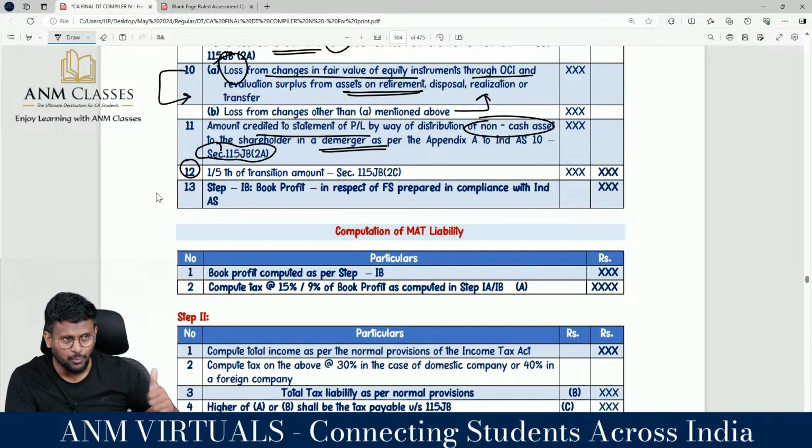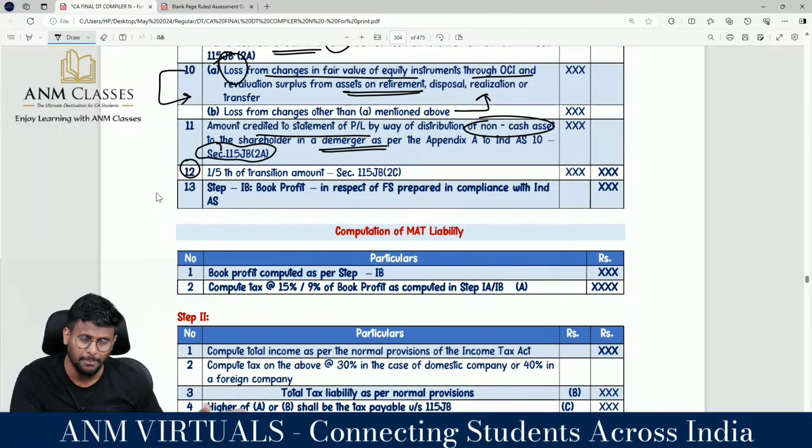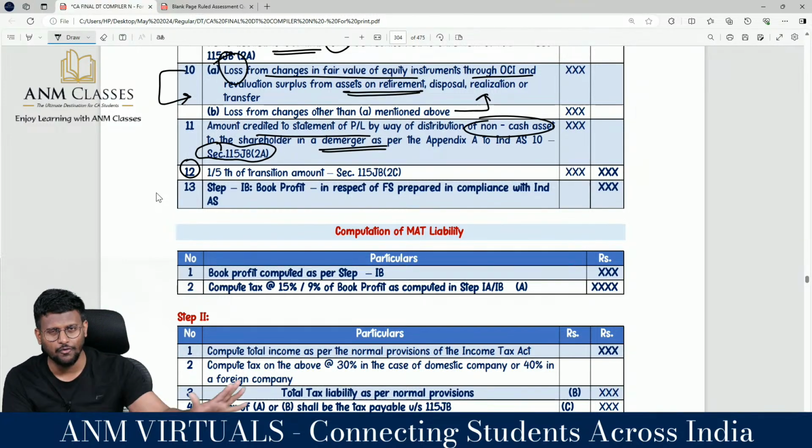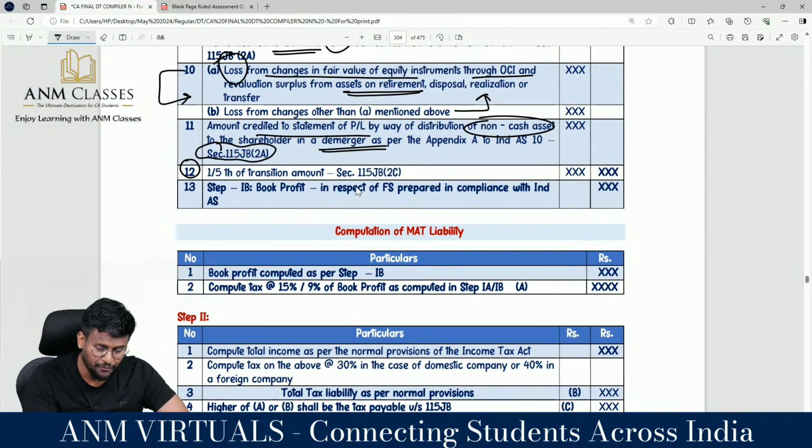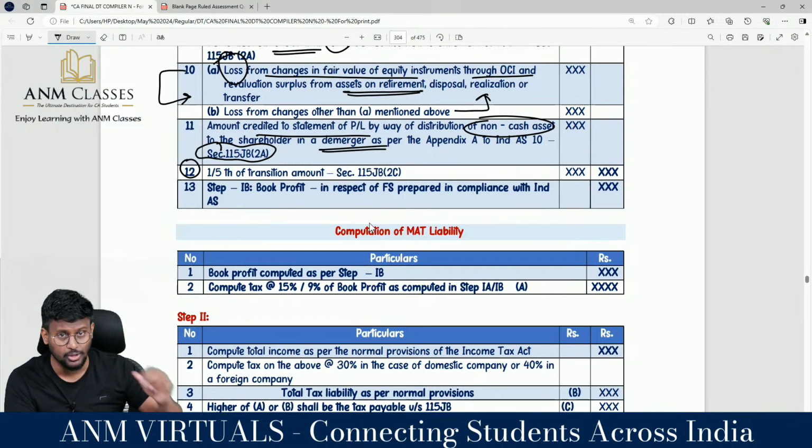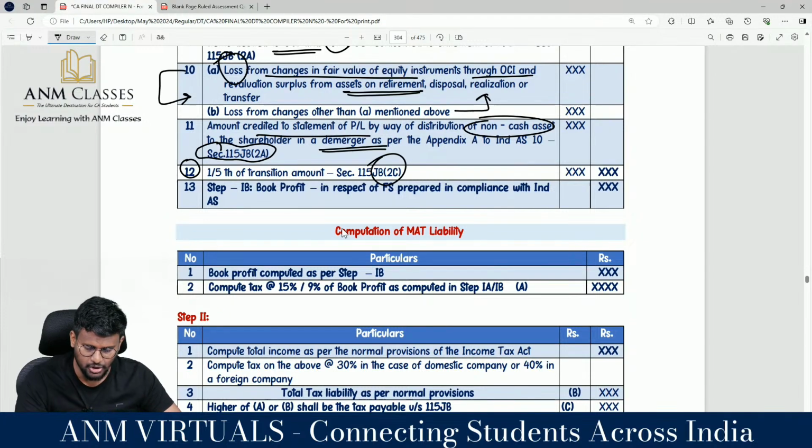We have studied what will form part of the transition amount. Transition amount is the aggregate of amounts that we adjust in other equity, but does not include two items. You should be able to recall what the two items are, and six items will not form part of the transition amount. So 1/5 of the transition amount, if credited to the P&L account, you have to remove as per 115JB subsection 2C.